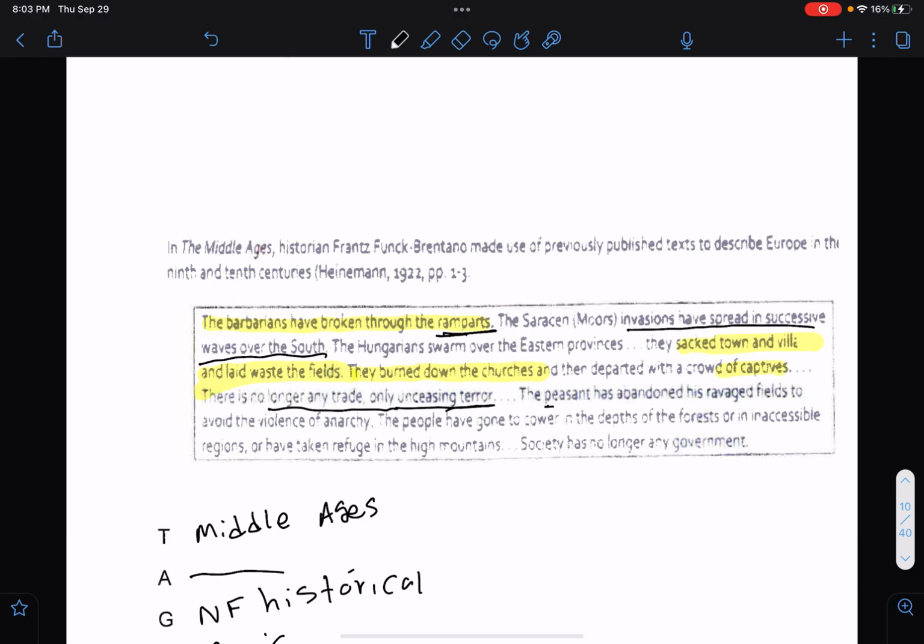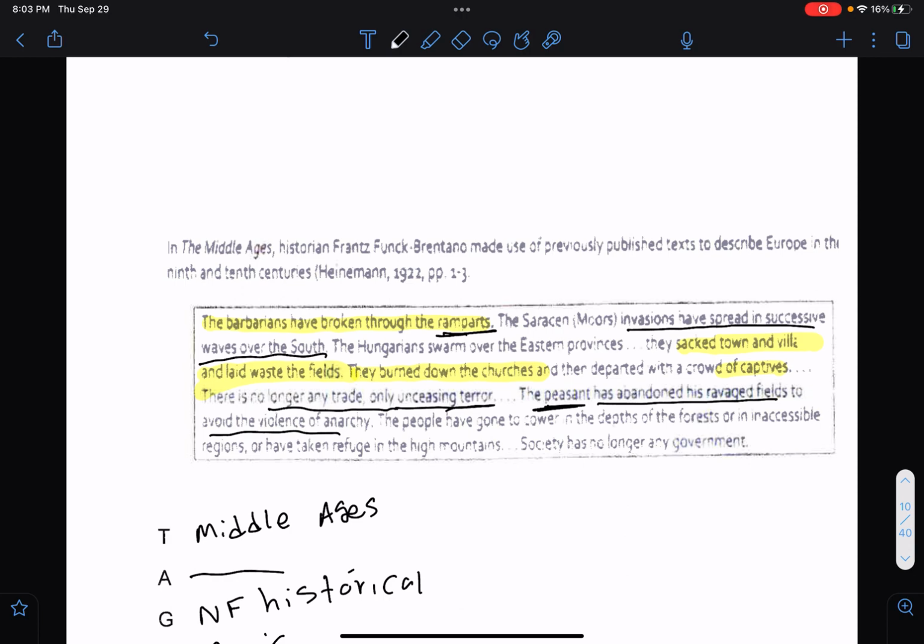The peasants, if you remember, the peasants are farmers, have abandoned his ravaged fields, his destroyed fields, to avoid the violence and anarchy. Anarchy is kind of like what you see in a movie, I forgot the name, where there are constant killings.